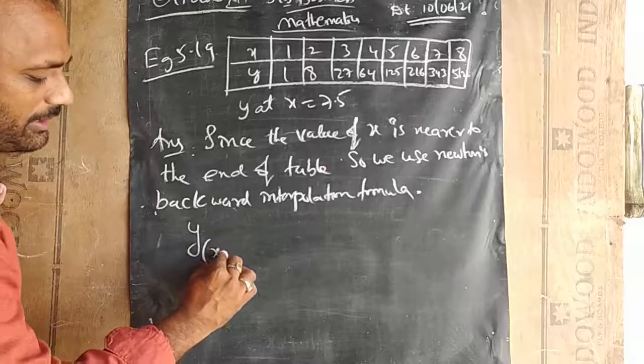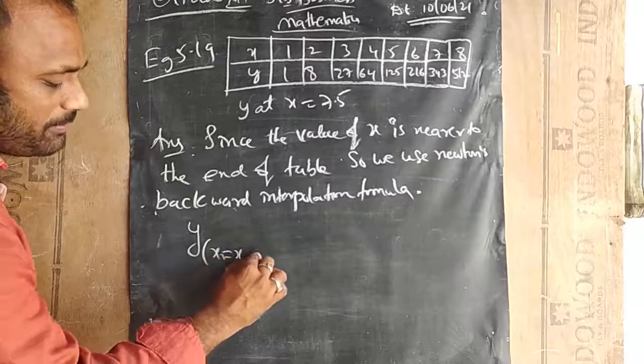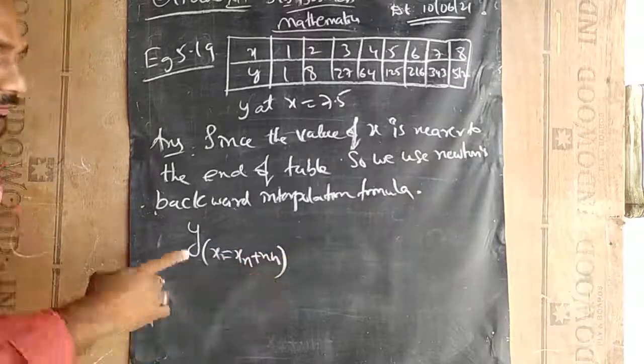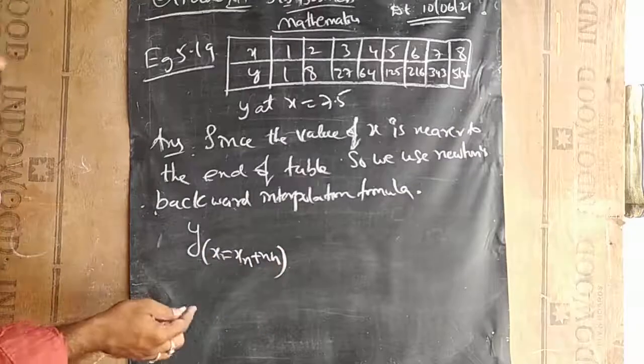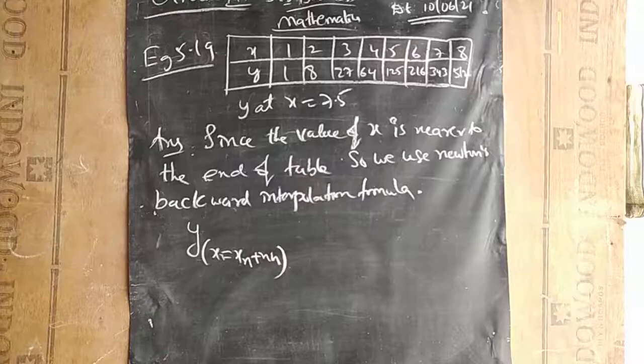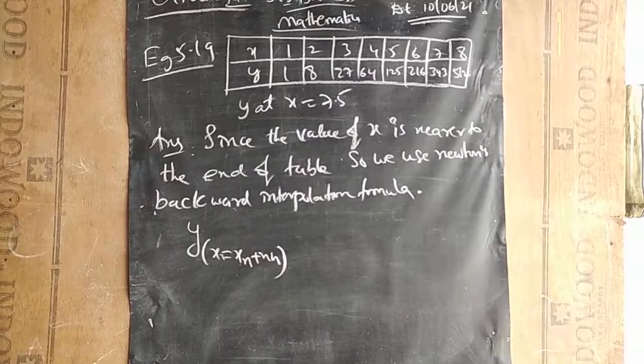Y at x is equals to xn plus nh. If it is forward interpolation formula, x is equals to x0 plus nh. If it is backward interpolation formula, x is equals to xn plus nh.